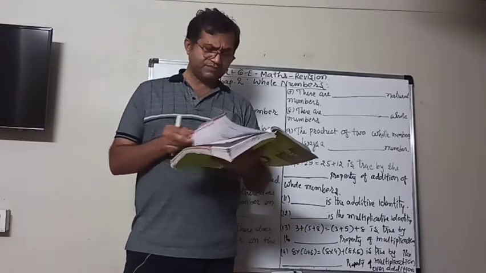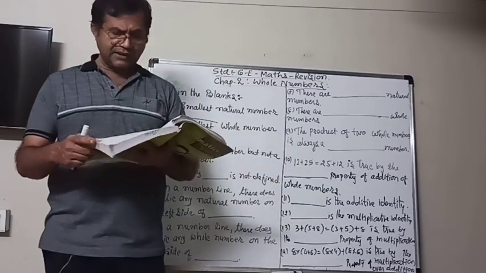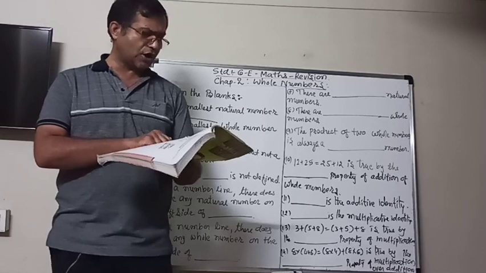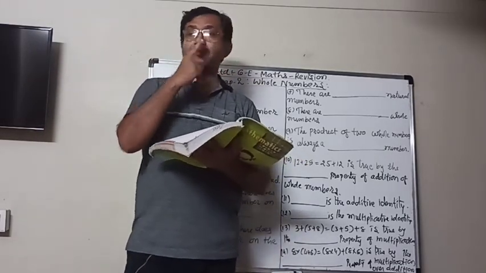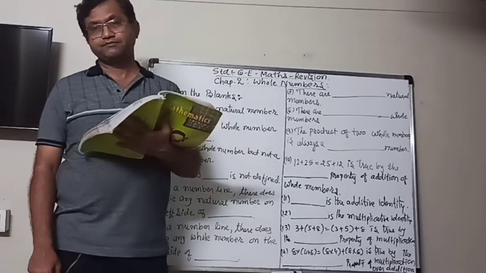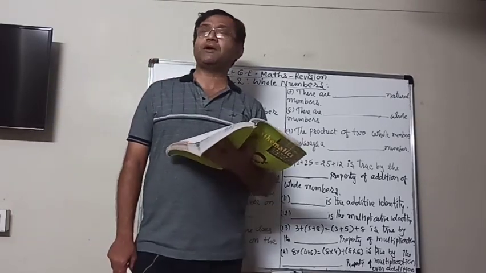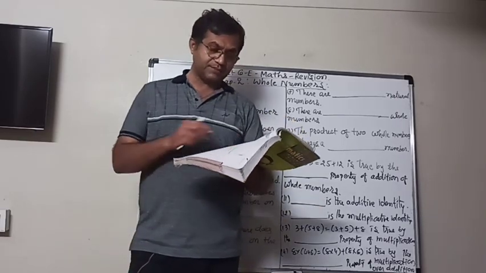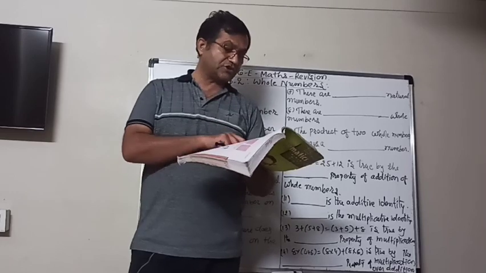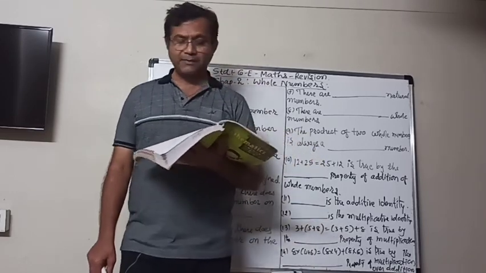We know that the whole numbers are closed under the operations of addition and multiplication, but they are not closed for the operations of subtraction and division, because we do not get the answer again as a whole number.